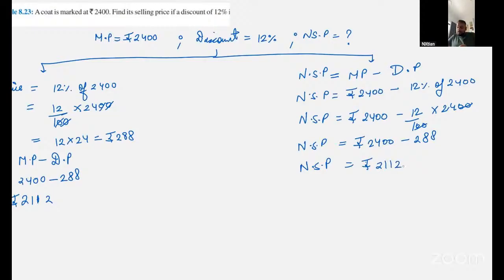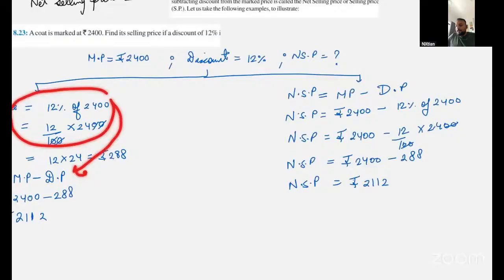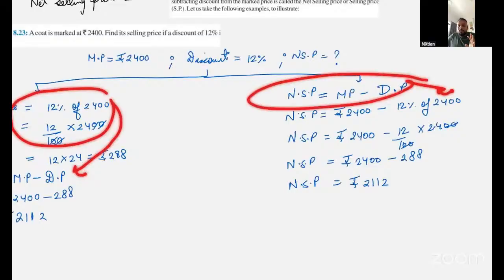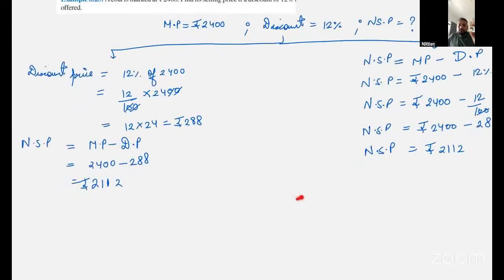You can see here I first calculated the discount price, then put the value. Here, in the same formula, I am getting the discount price. Whenever you are solving, the 12% off was there from 2,400. Like that you can go. Got it? So yes or no?